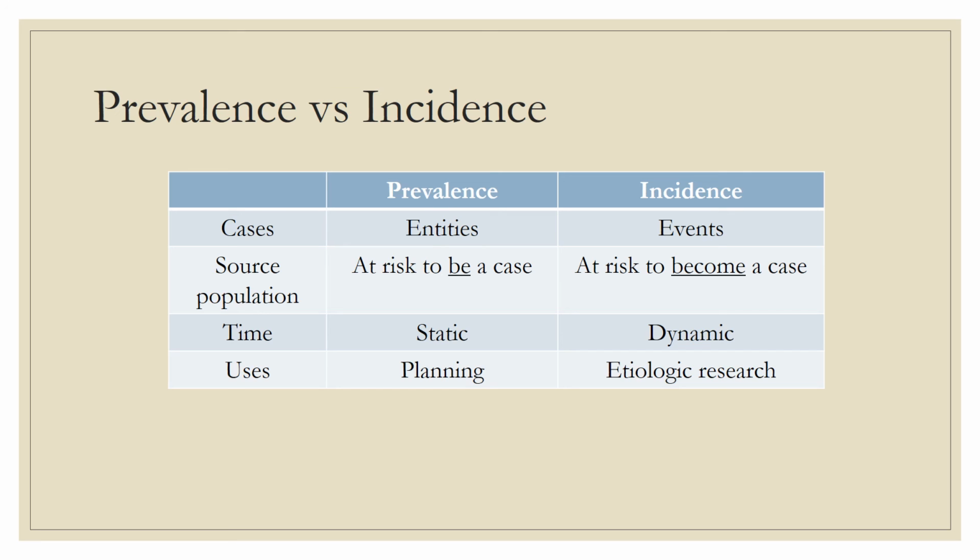This means basically causes. So if we know the incidence of flu in a certain area, that can help us understand what causes flu to spread and maybe even how to prevent that.